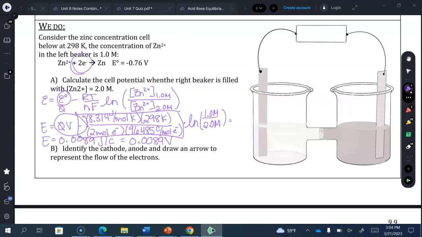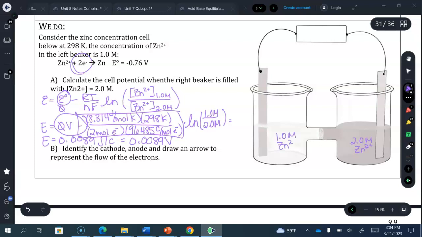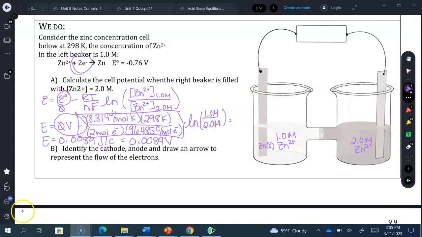Now we're going to identify the cathode and the anode when the right beaker is filled. So this is our 2 molar zinc, and this is our 1 molar zinc. Okay. So the anode is going to be the one that gives up electrons. So I want to make more ions so that these two concentrations are the same. So my zinc is going to go from Zn solid to Zn 2 plus.